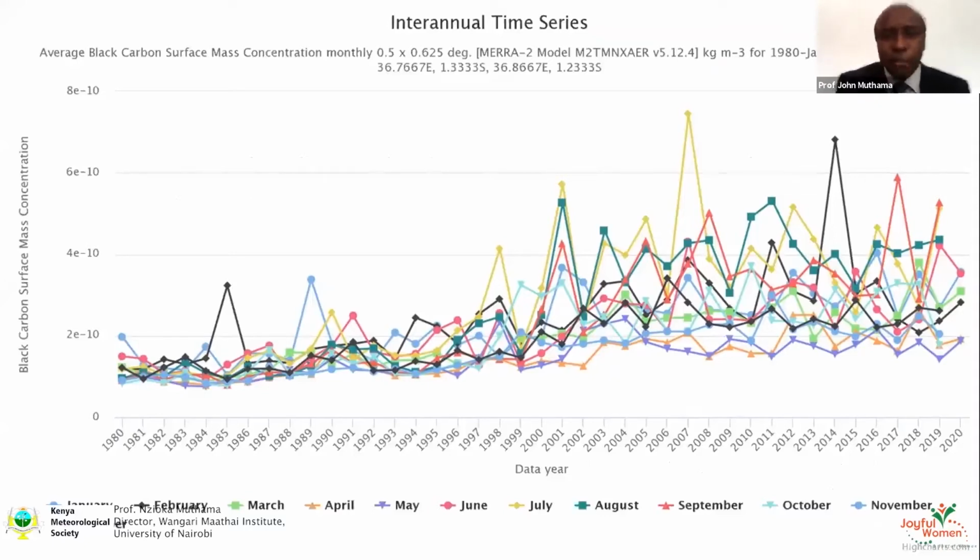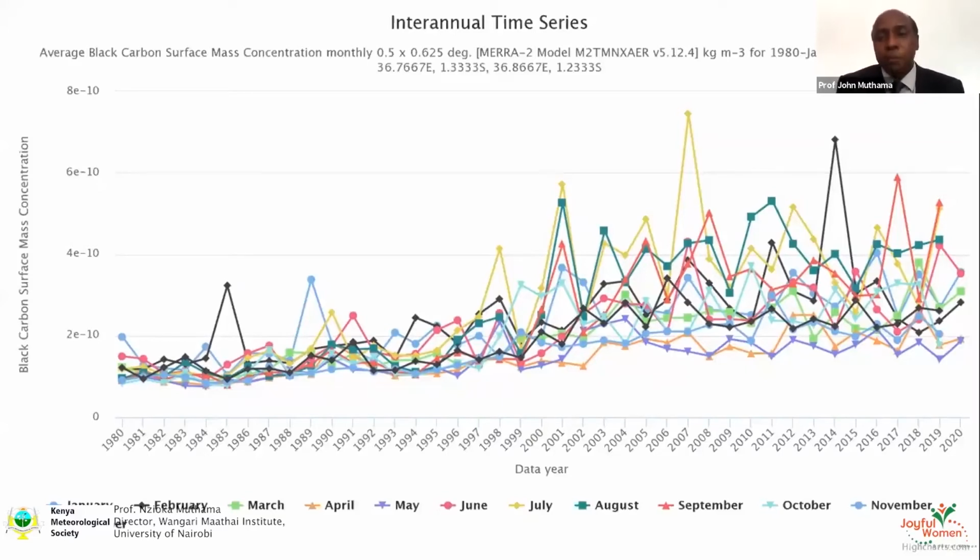The projection that I put here, in the interest of time, shows monthly values of black carbon surface mass concentration from the MERRA satellite of the MODIS. This is NASA, the National Aeronautics and Space Administration. It's an estimate that helps us to understand where we are at. Of course, we recognize the usual challenges and limitations, but this helps us to understand.